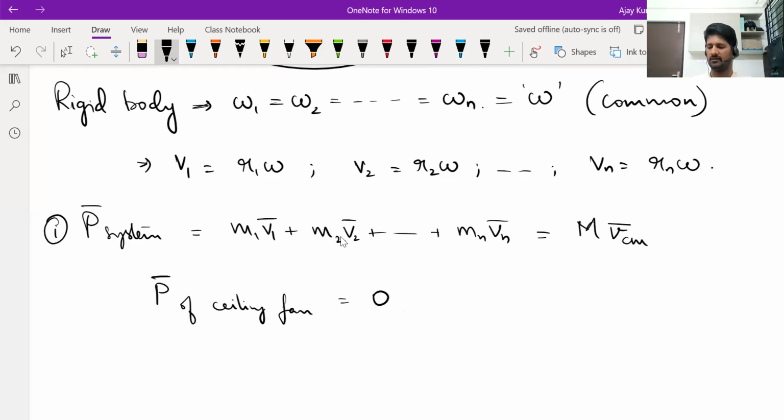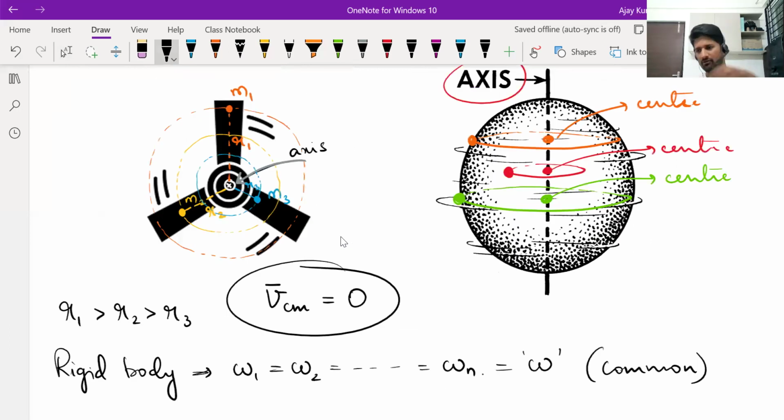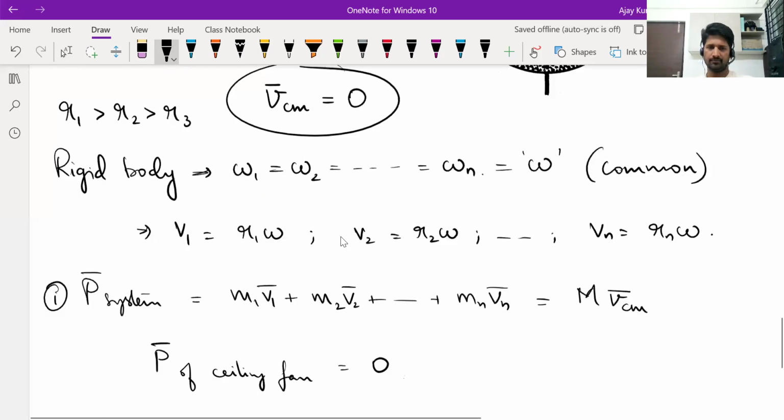It will be 0 itself. I'm not saying for every rotating system momentum is 0, but for a ceiling fan it is definitely 0 because there is symmetry in that case. The center of mass lies on the axis of rotation. Therefore its linear momentum is 0.